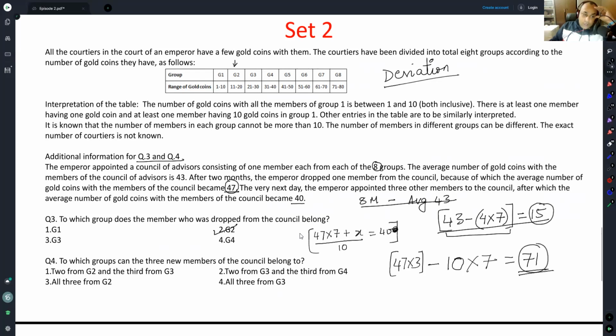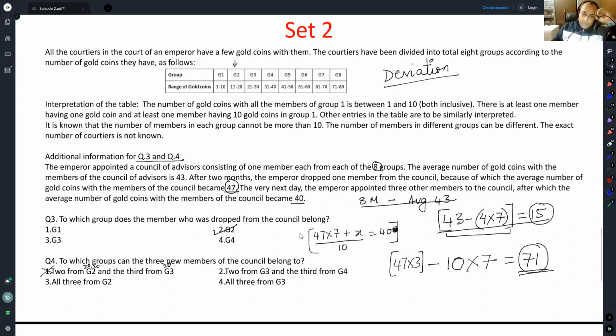So the last question, to which groups can the 3 new members of the council belong to? 2 from G2 and 3rd from G3. Can you see, even if you took the highest people from G2, 20 and 20, and the highest person from G3, 30, we would have 20, 20, 30, which is still lower than the required 71.